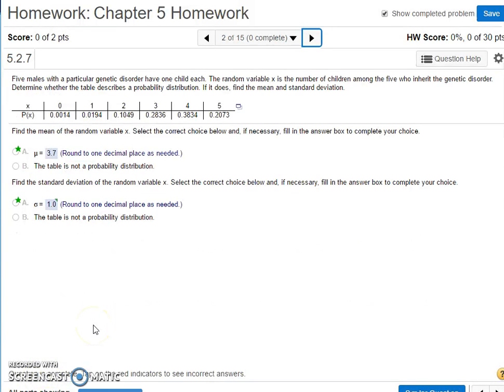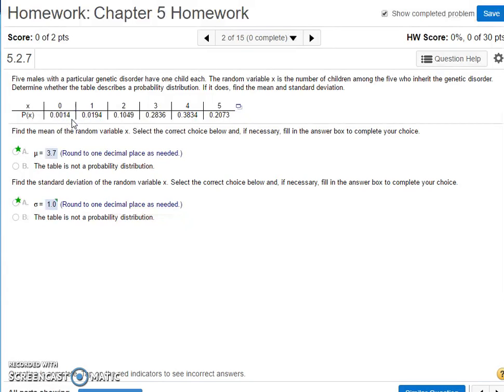So 5 males with a particular genetic disorder have 1 child each. Random variable X is the number of children among the 5 who inherited the genetic disorder. Determine whether the table described is a probability distribution. If it does, find the mean and the standard deviation. And so here, we have the number and the probability.